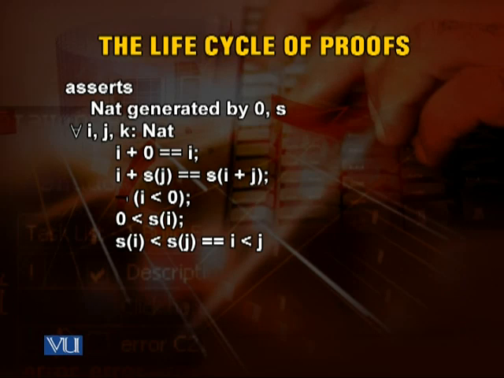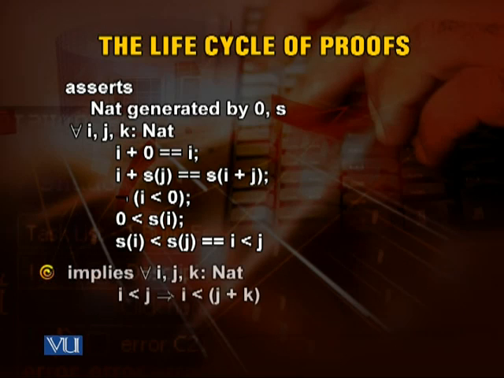S of I is less than S of J is equal to I is less than J. So if I is less than J, then if and only if S of I is less than S of J. So these imply, for every I, J, and K which is natural, I is less than J implies I is less than J plus K. So here what we have done is we have specified the trait for natural numbers.